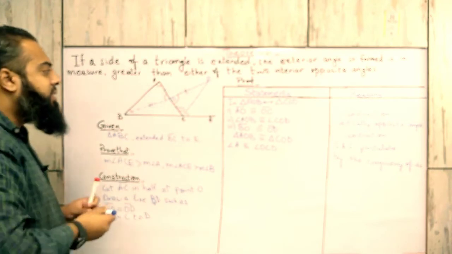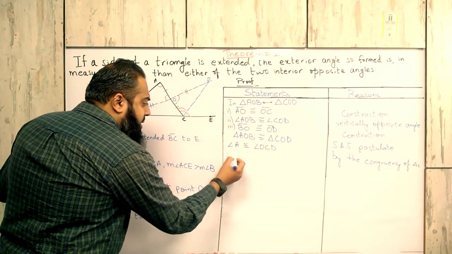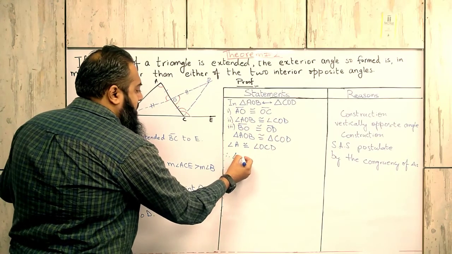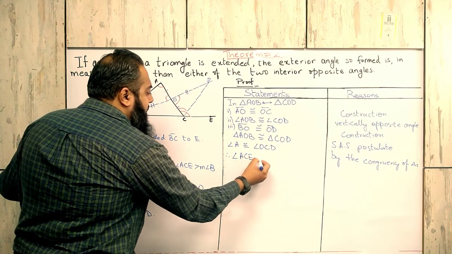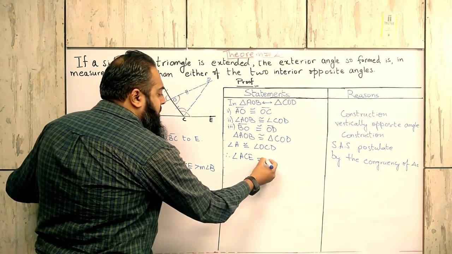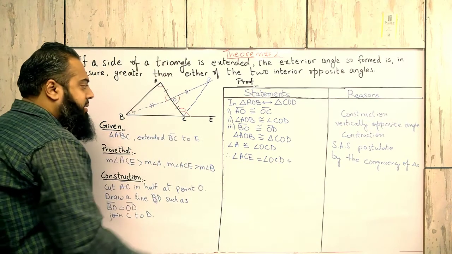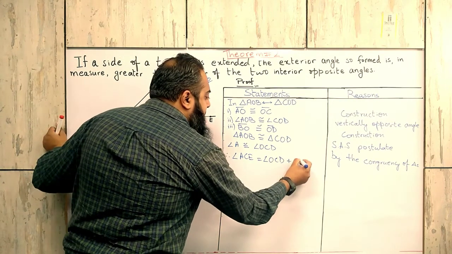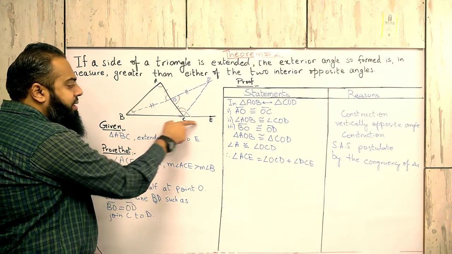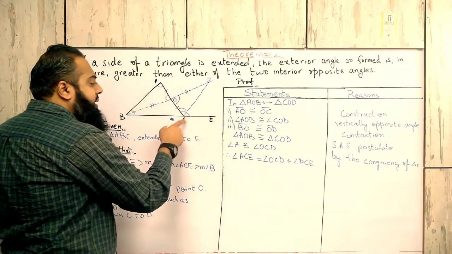And if we have it like this, we can clearly see that angle ACE equals angle OCD plus angle DCE.